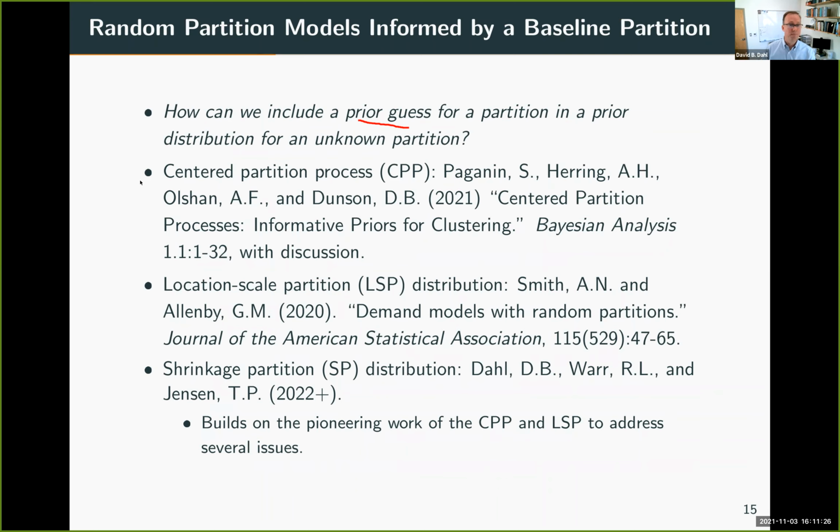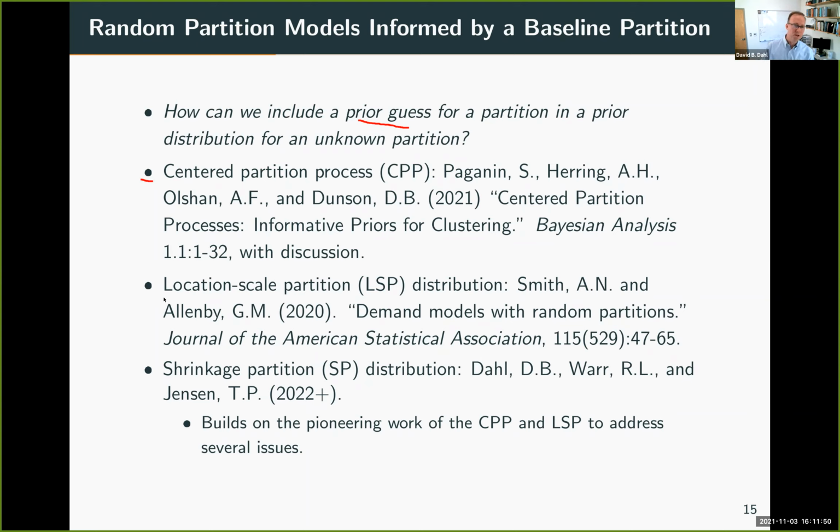The centered partition process of Sally Paganin, Amy Herring, Andy Olshan, and David Dunson. Their CPP method was published in Bayesian Analysis earlier this year. It was in a paper with a discussion, two invited discussions and lots of contributed discussions, a really nice paper that we are excited about.